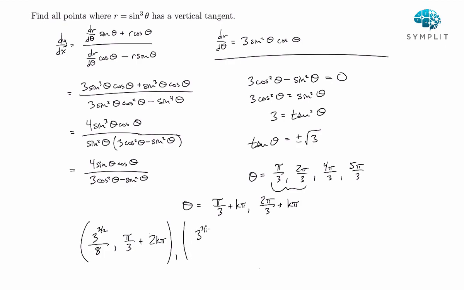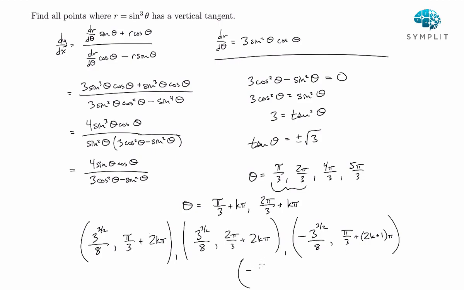And it's the same thing for the 2π/3 plus 2kπ. And it's negative if we have an odd there. And so it's negative 3 to the 3/2 over 8, and then π/3 plus (2k+1)π.